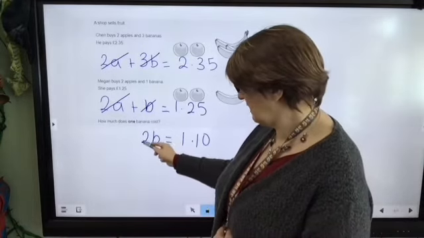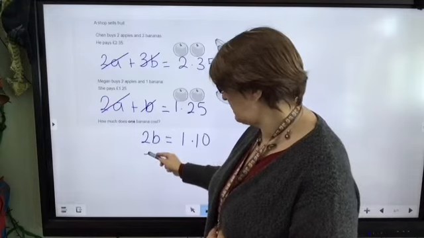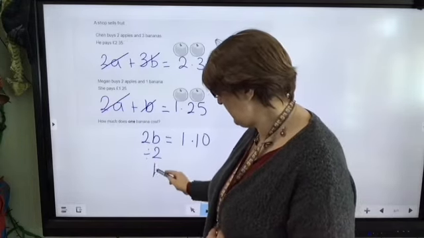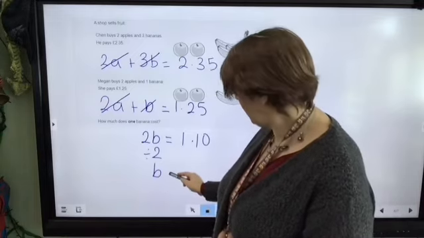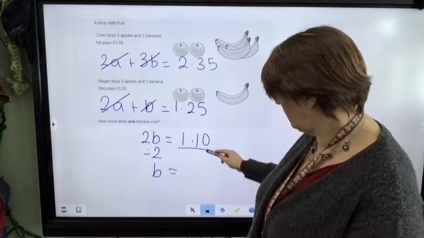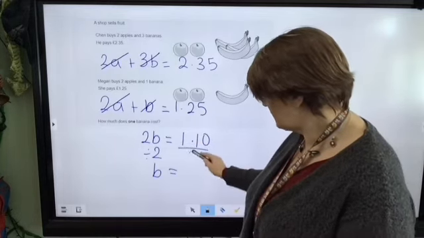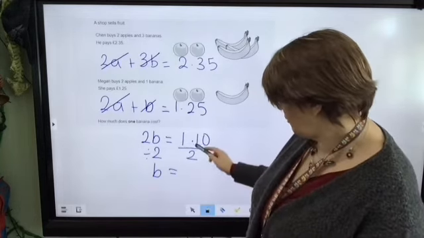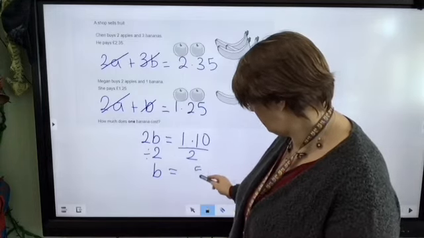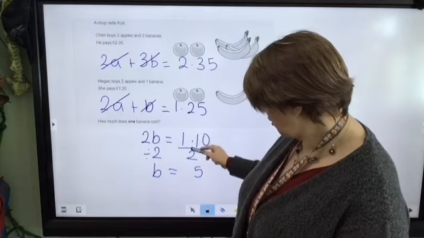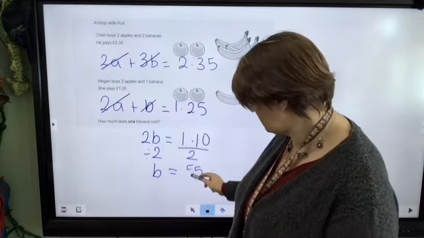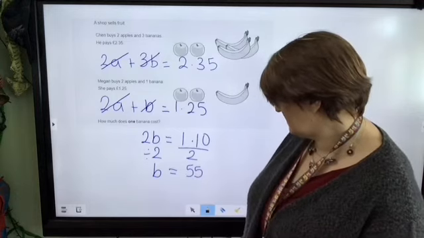2 bananas I can divide by 2 to give me B for banana, and then I can go equals, and then I can divide this by 2, can't I? So what's that divided by 2? So 2's into 10, go 5, 2 5s are 10, 2's into £1 I know is 50 pence, so it's 55 pence.